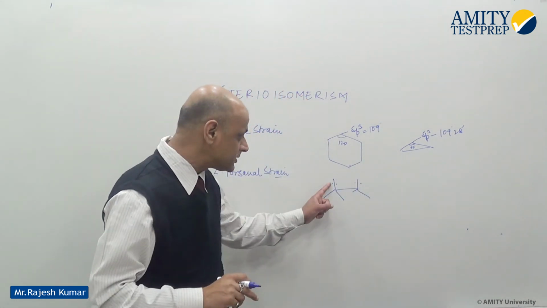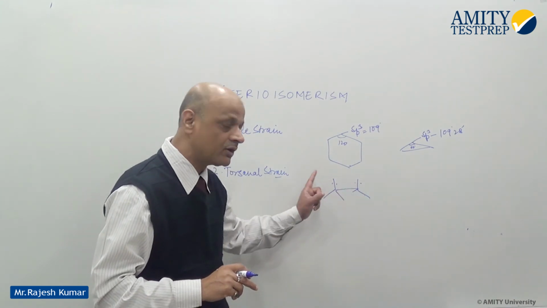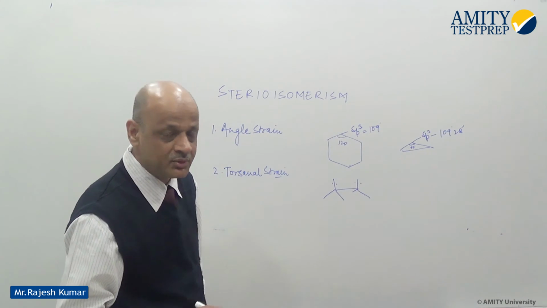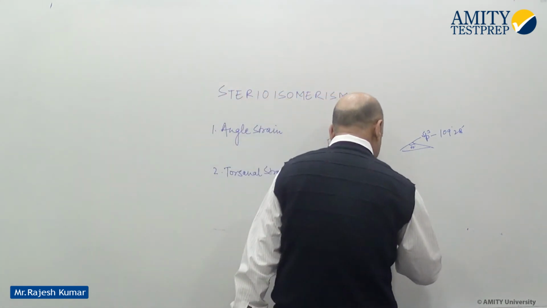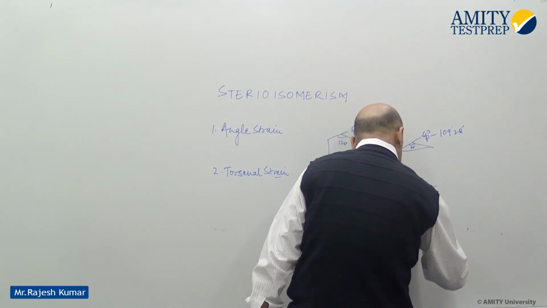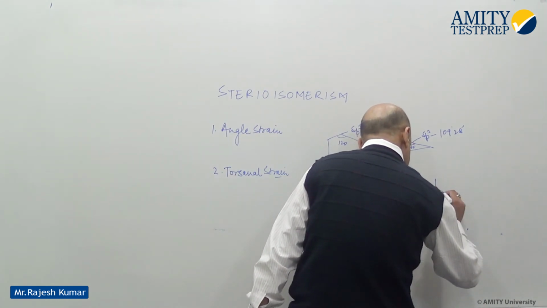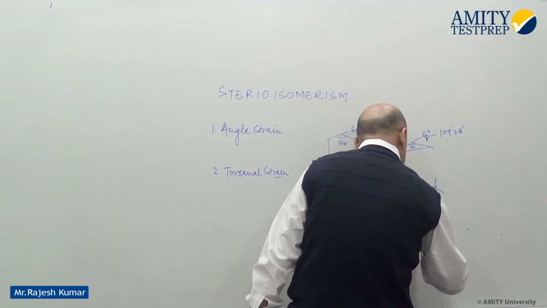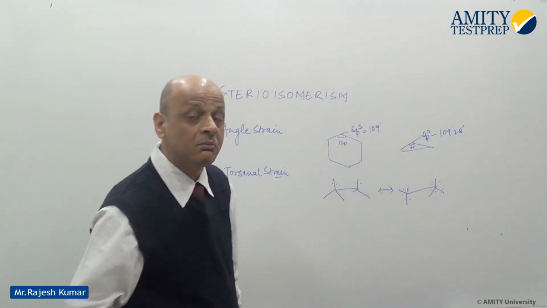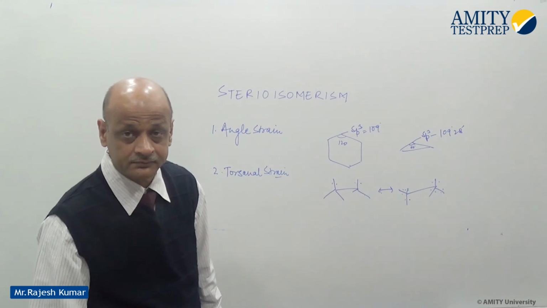So there is a repulsive interaction between this bonded pair of electrons and this bonded pair of electrons. That's why the molecule is said to be unstable here. If it is twisted or bent or rotated along the axis in this manner, now each bond pair is at maximum distance from each other, and the molecule is more stable.